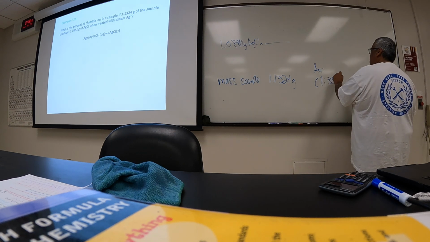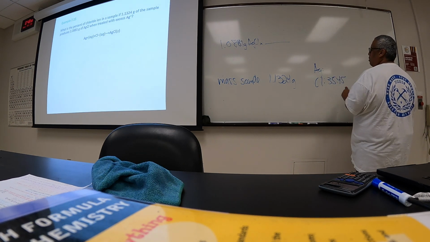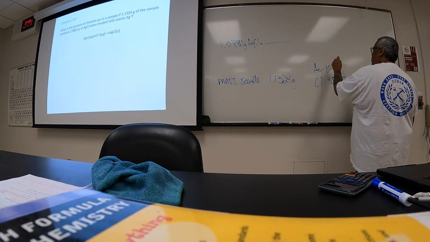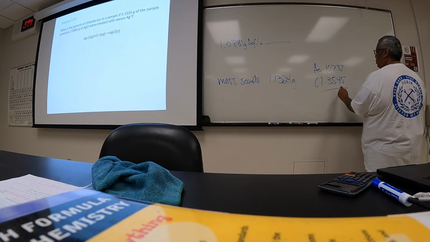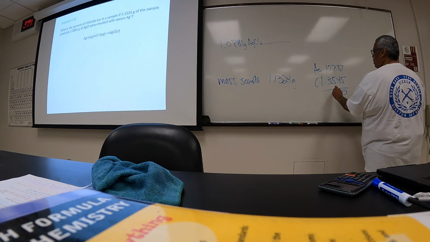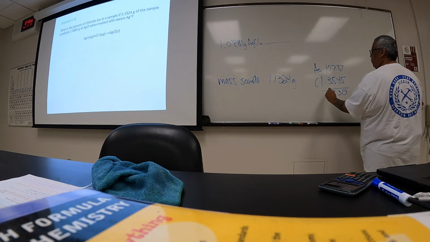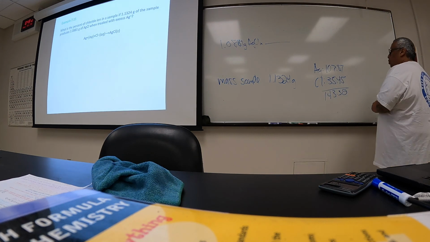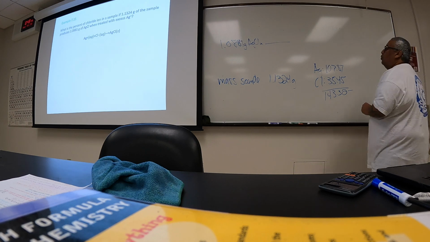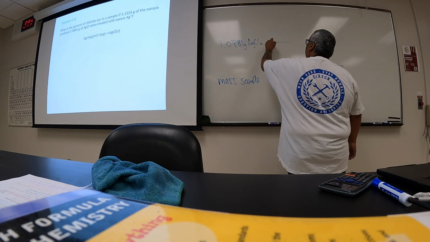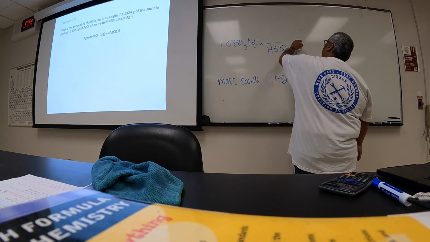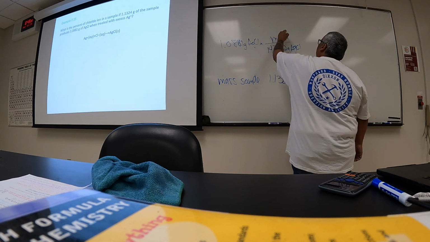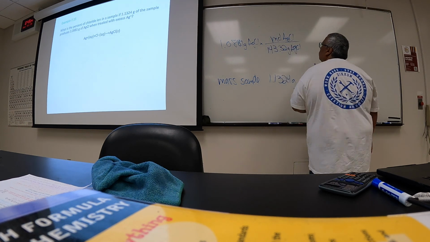Yeah. It's 107.87. So we're going to add these two up here. So 143.32 grams of silver chloride for every mole of silver chloride.